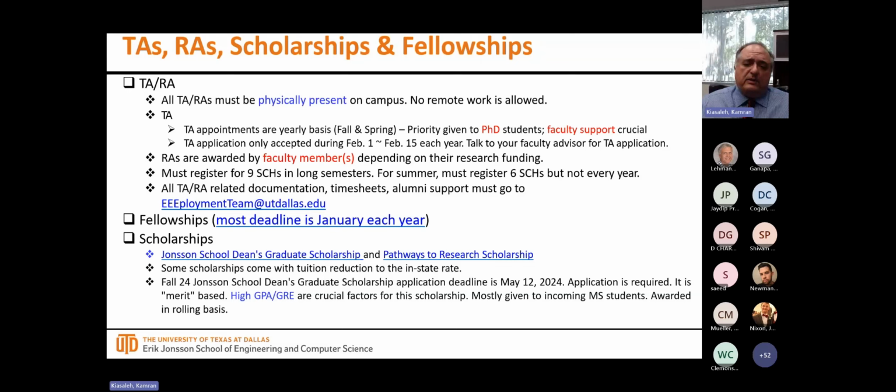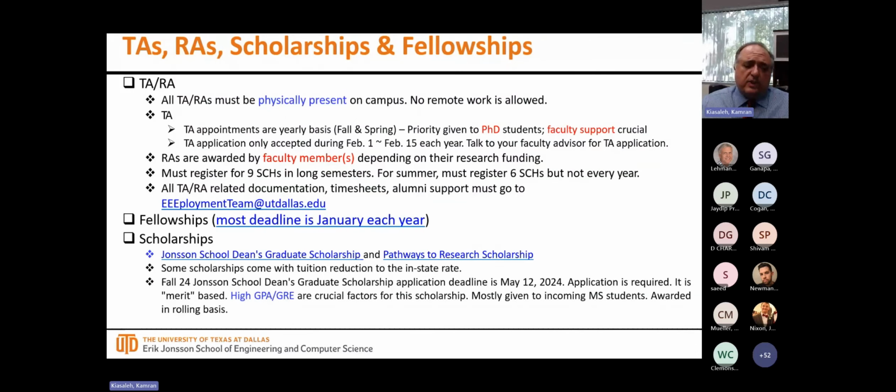The teaching assistantship is based on our needs, the classes that we have, but this is also a faculty-supported scenario, meaning that you can't just apply to the department for a TA. There is a link to apply for a TA application, and you'll be assigned to a class.